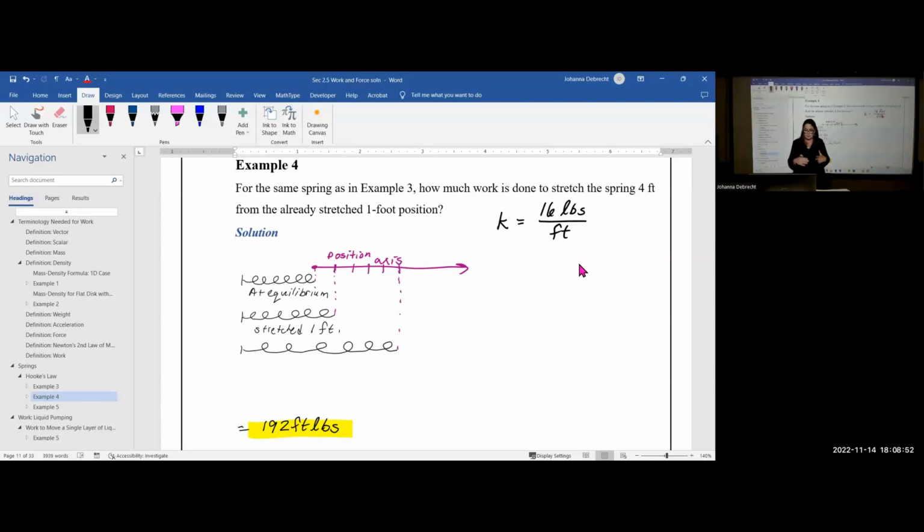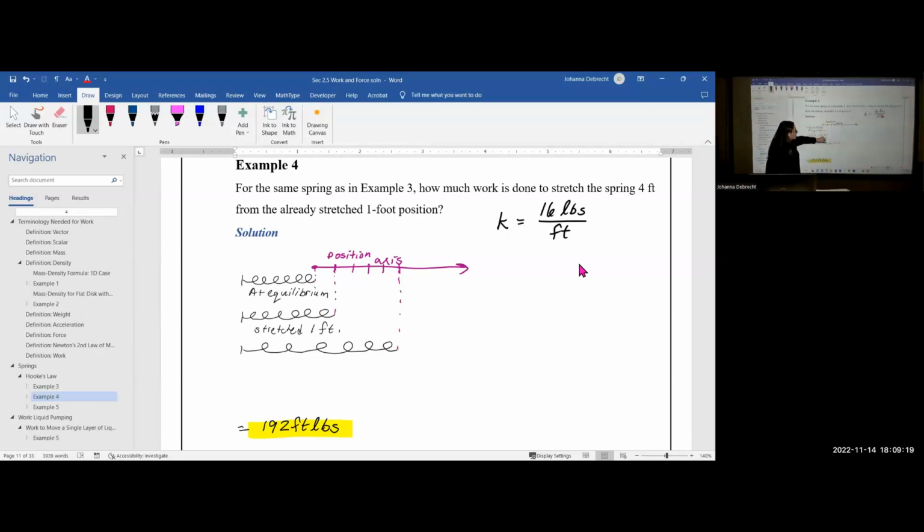And this is the same spring, so it has the same constant. How much work is done to stretch the spring 4 feet from the already stretched 1 foot position? So it's already been stretched some to 1 foot. And now we want to stretch it further out here. So another 4 feet. All right.